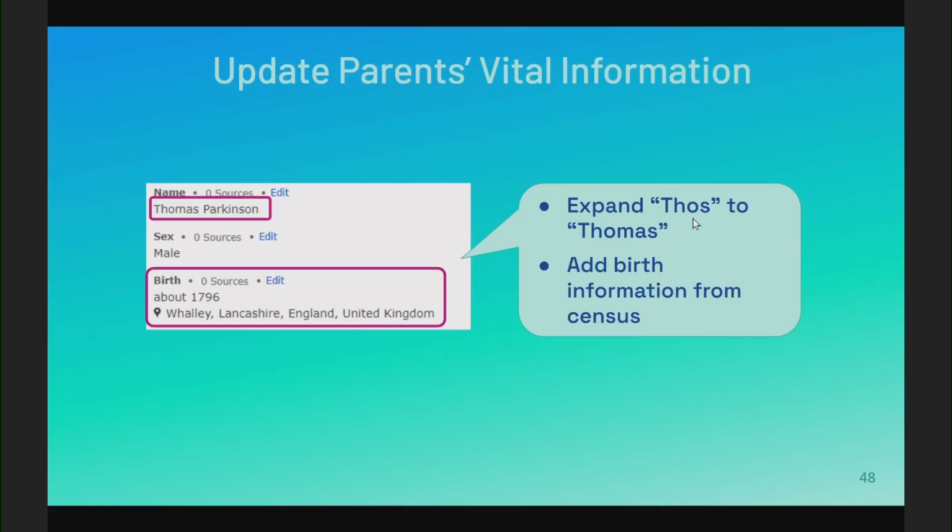You should only expand it if you're certain, but there are others like WM for William, HY for Henry, that type of thing. If they're widely used and widely known, and other records show the expanded name, then it's completely appropriate to expand the abbreviation on the profile.